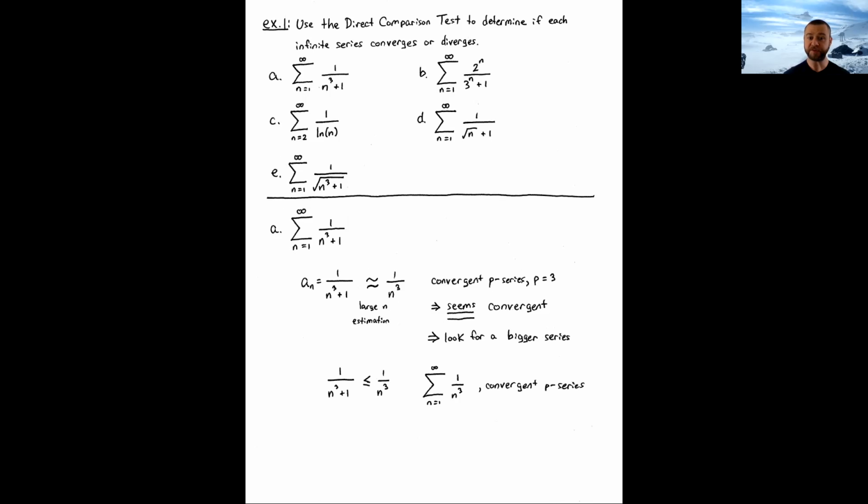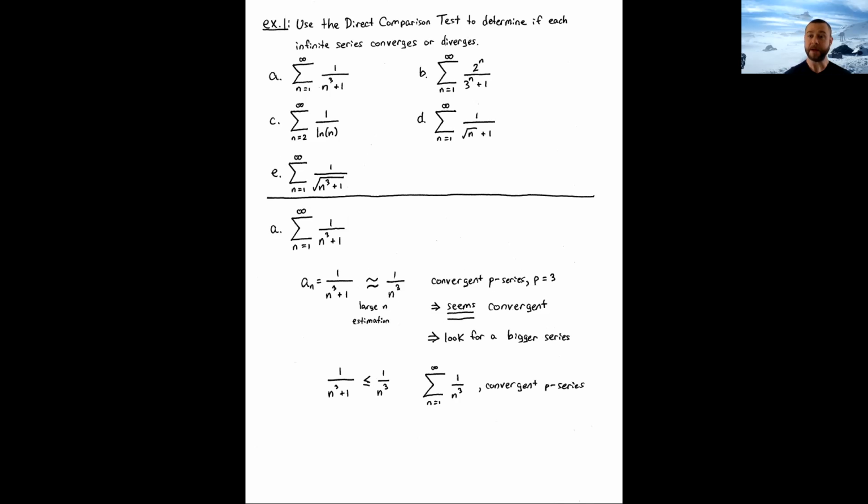All right, now fortunately this one is pretty simple. We can get a bigger term by making our denominator smaller. We can make this denominator of 1 divided by n cubed plus 1 smaller by subtracting 1 from that denominator, or getting rid of that plus 1.